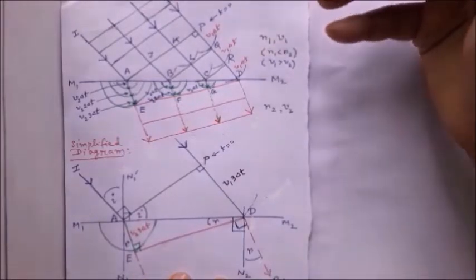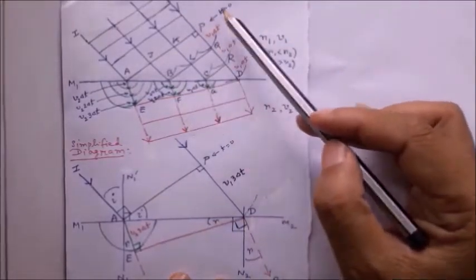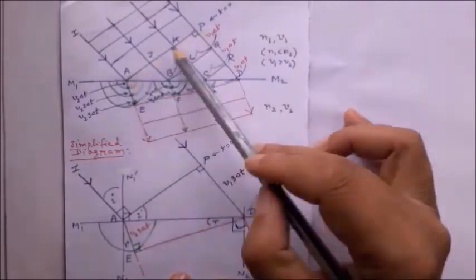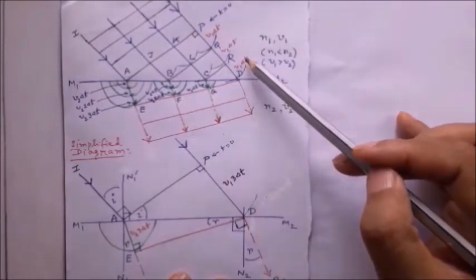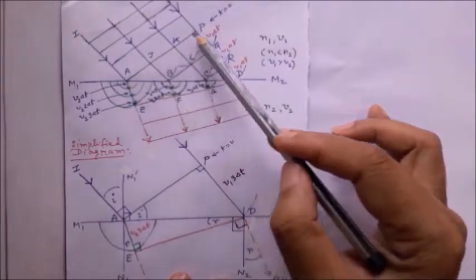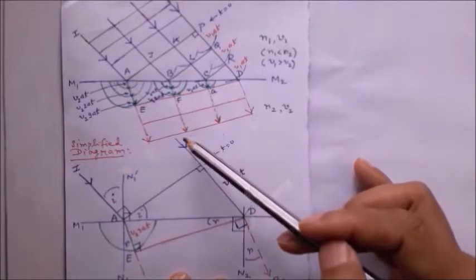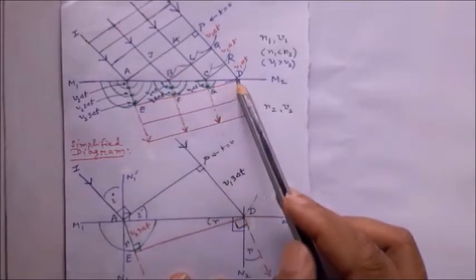So in a nutshell, what happened is at t equal to 0, A, J, K, P was the initial position of the wavefront. After elapse of time thrice delta t, this wavefront has completely entered into the target medium and it has taken the position EFGD.